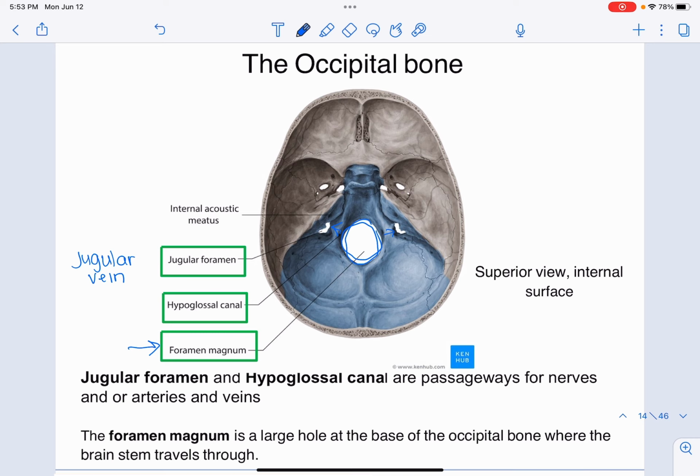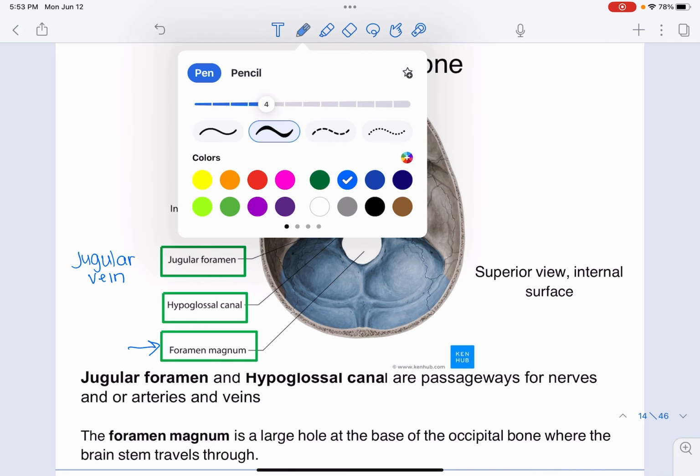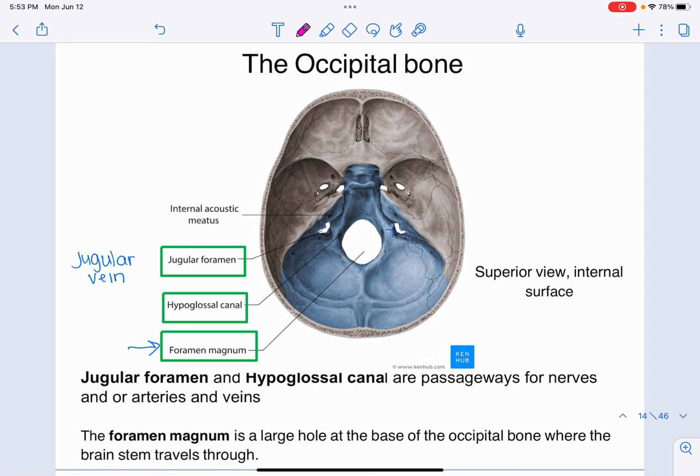And then on the side of the foramen magnum, there are two little holes, and that is the hypoglossal canal. That is where the hypoglossal nerve is going to travel through. So try to identify all of those. There's the jugular foramen right there.